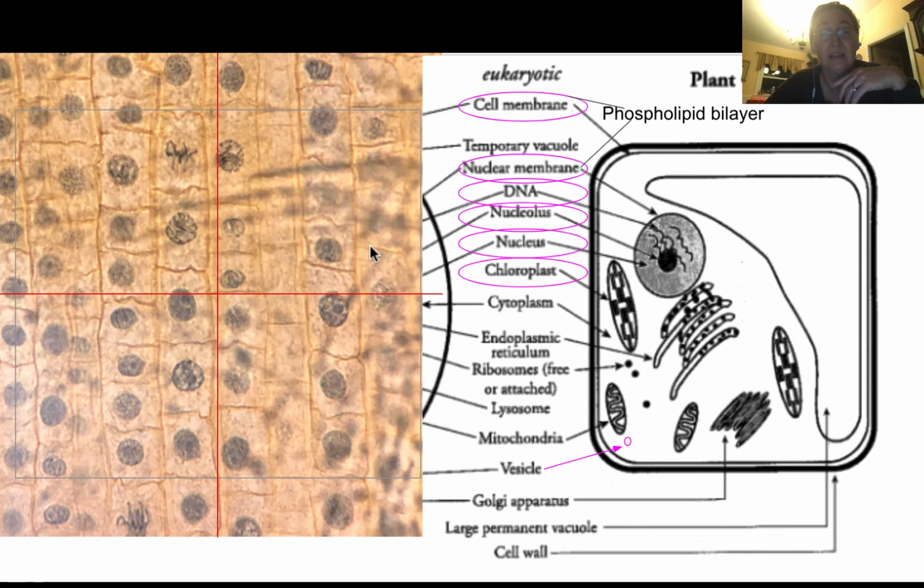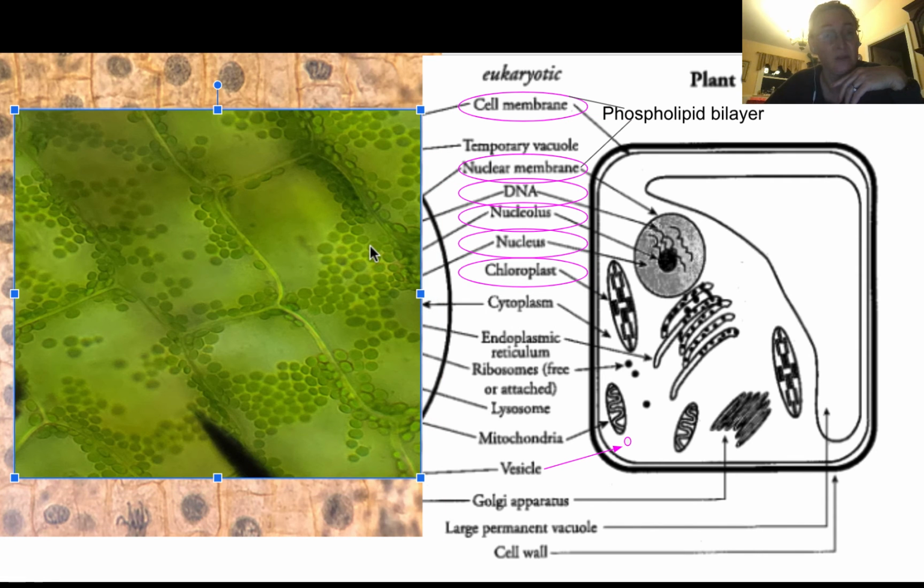However, in the leaf, and the only leaf we looked at was Elodea, we saw bunches of them. This is just an amazing picture. Olivia did an amazing job here. But hopefully you also saw little green dots inside your boxy cell structures, and those are the chloroplasts.